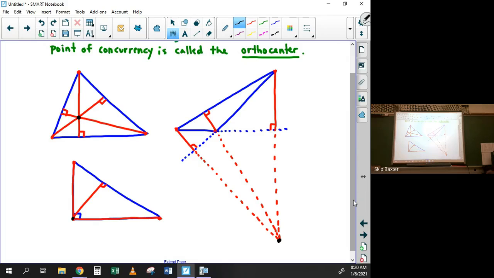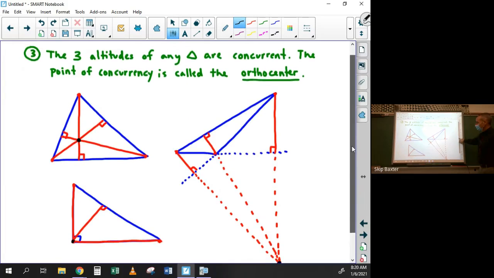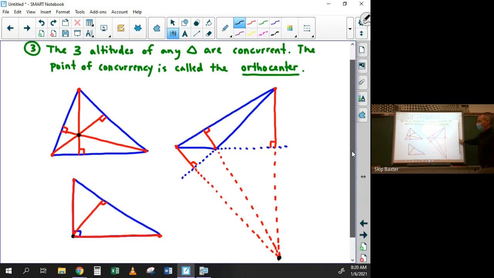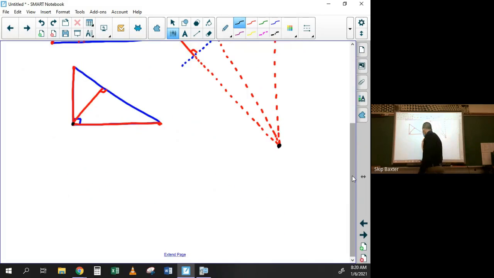Now, the orthocenter doesn't have any cool properties. I'm sorry. It's a little bit of a letdown. It's the black sheep of the family. Doesn't have any cool properties. I'll write that just to make it official, just to make it feel even worse.